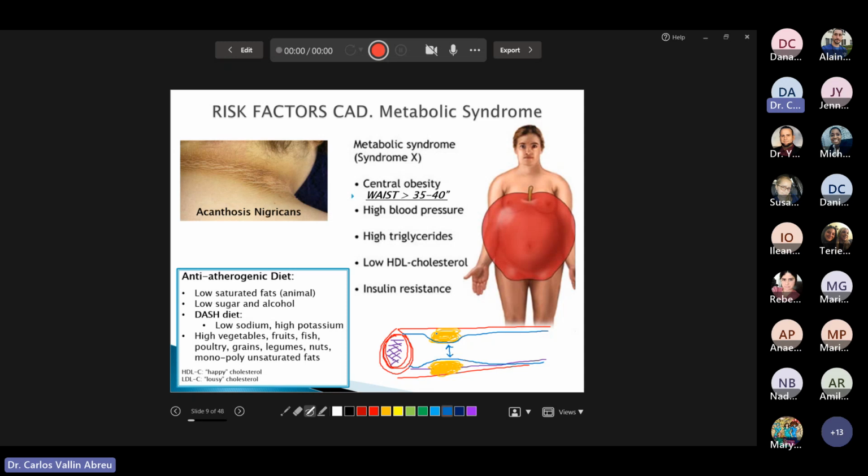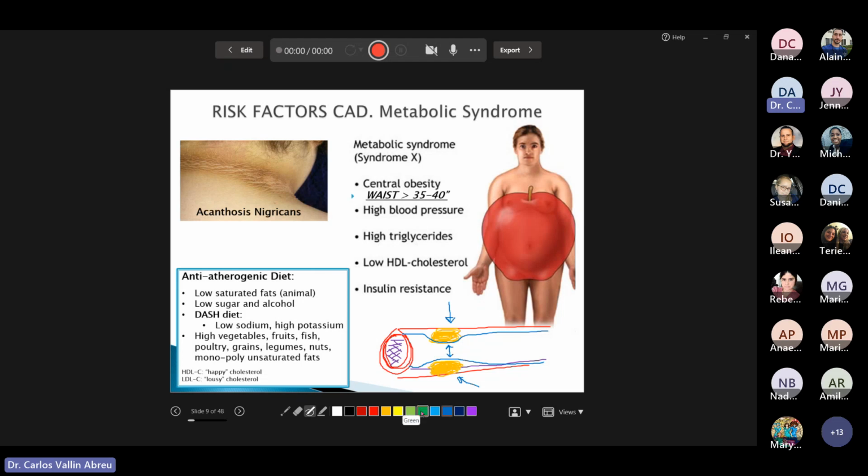And you know that it can occur in some people faster, in some people slower. If the person has risk factors to develop these plaques of atheroma fast, these persons are at risk one day of having a rupture of the plaque.